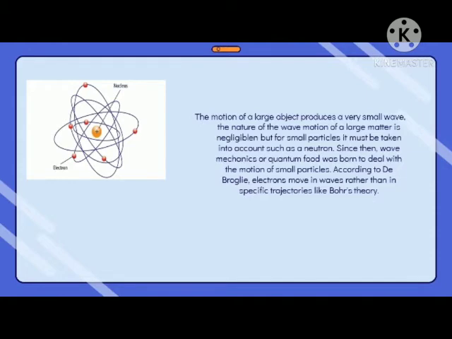The wave nature of the motion of large matter is negligible, but for small particles it must be taken into account, such as a neutron. Since then, wave mechanics or quantum mechanics was born to deal with the motion of small particles. According to de Broglie, electrons move as waves rather than in a specific trajectory like in Bohr theory.